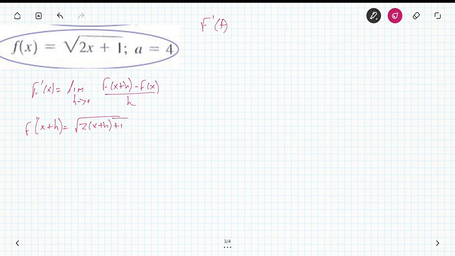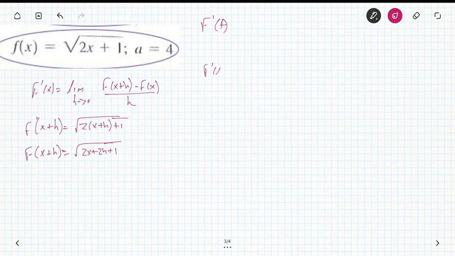Okay, so now we want to write that again without those parentheses. So we're going to get the square root of 2x plus 2h plus 1. Pretty simple.